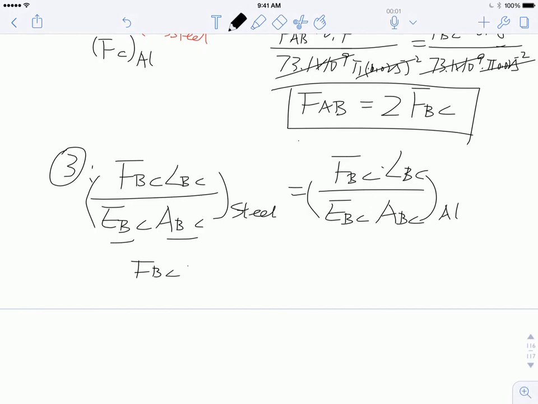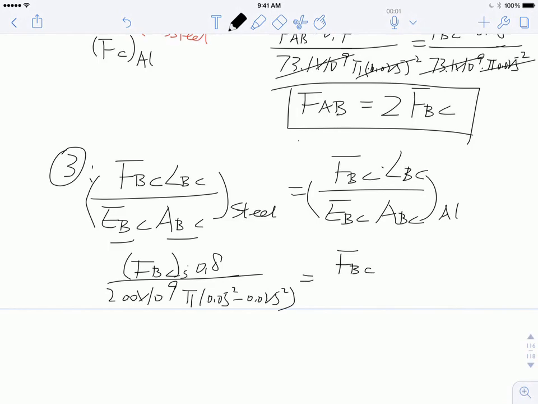All right, so let's plug that in. F_BC times L_BC is 0.8 and E_BC is 200 times 10 to the 9. A_BC is pi times 0.05 squared minus 0.025 squared. And then F_BC in the aluminum section is 0.8 divided by 73.1 times 10 to the 9 multiplied by pi times 0.025 squared.